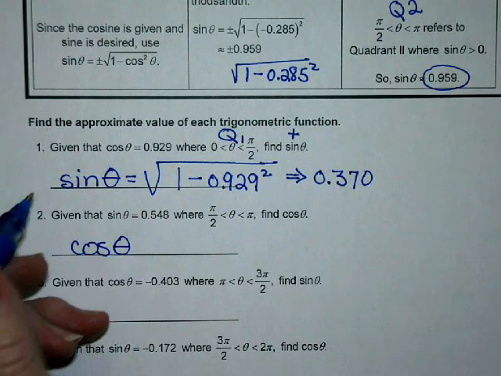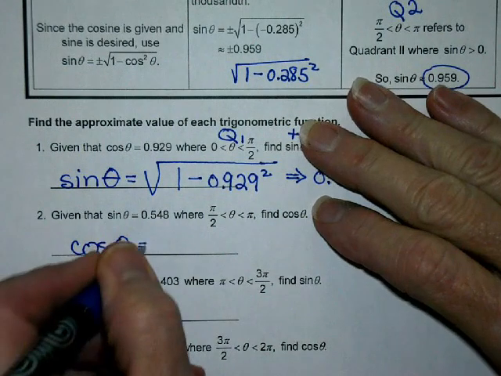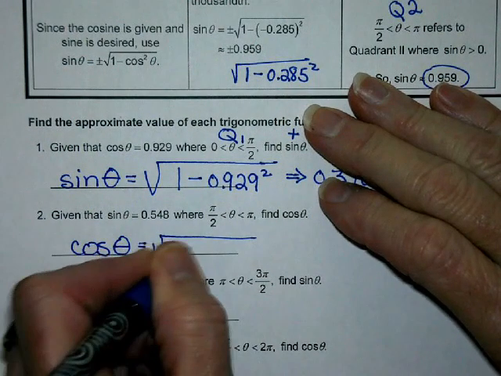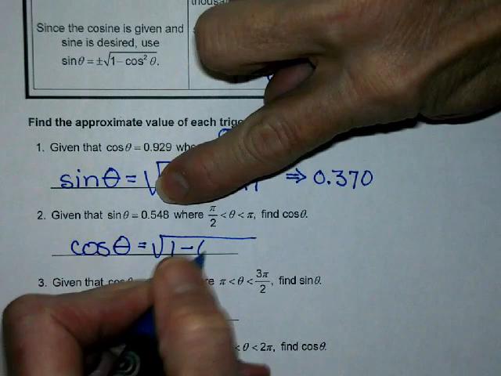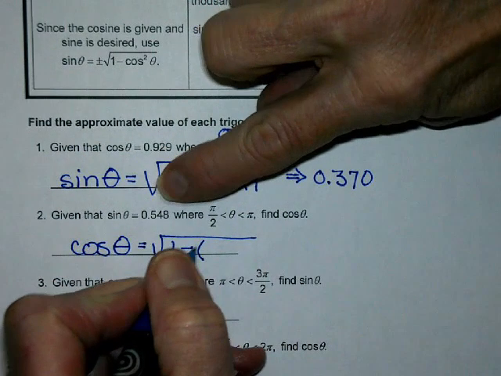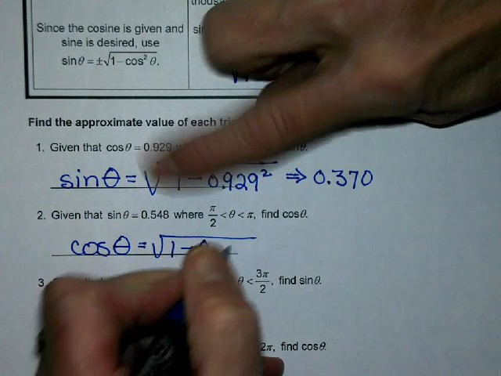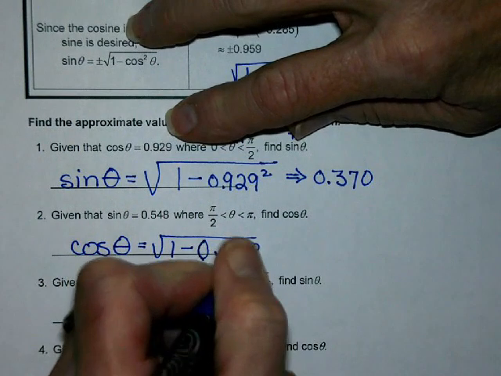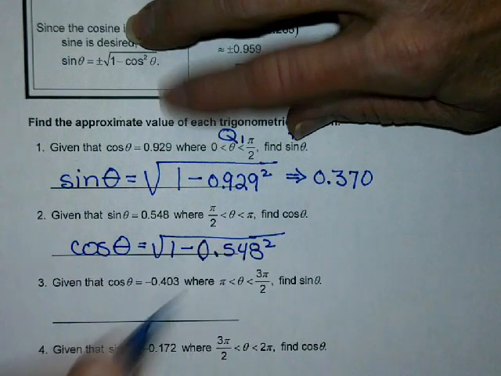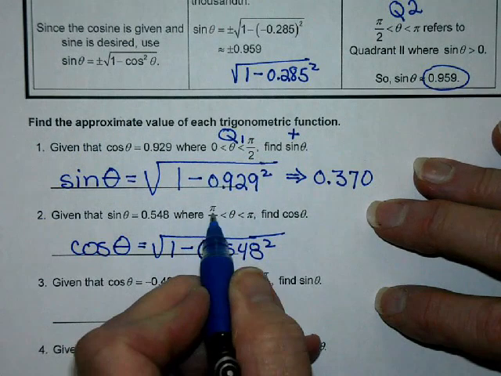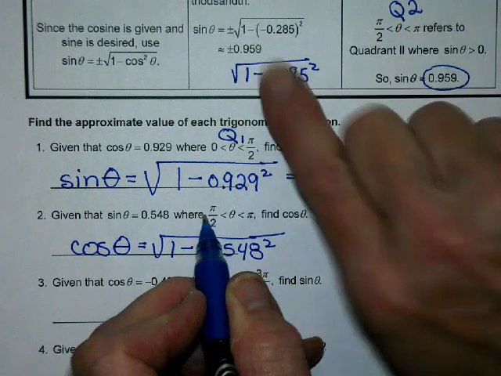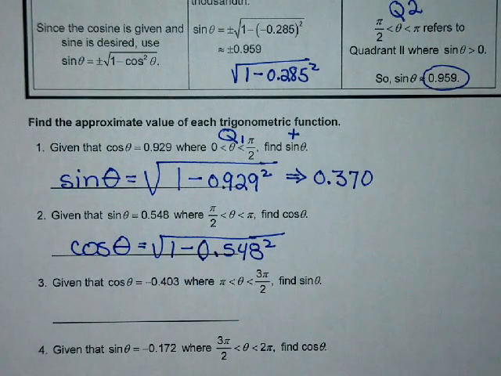So they give me a sine, so the cosine's what I'm looking for. That's a big deal, because you're going to know which quadrant it is, what sign it is. Isn't this neat how this works? Oh, no parentheses. I'm just going to put in a 0.548 squared. And let me see. Pi over 2 is at the top.